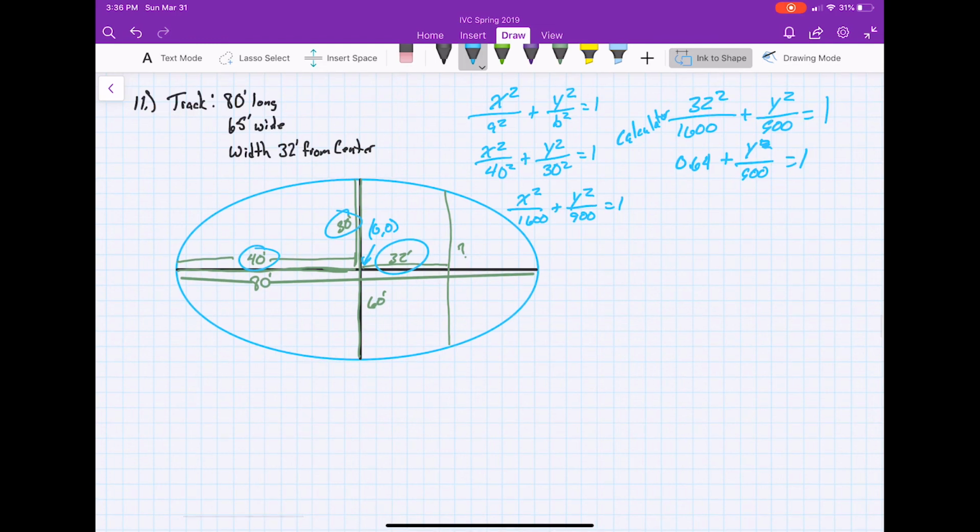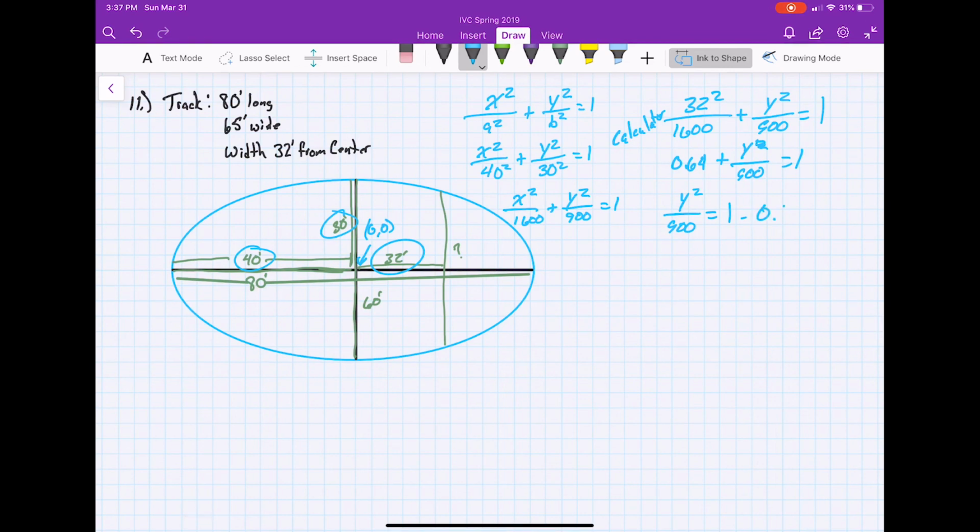Y squared over 900 is equal to 1 minus 0.64.